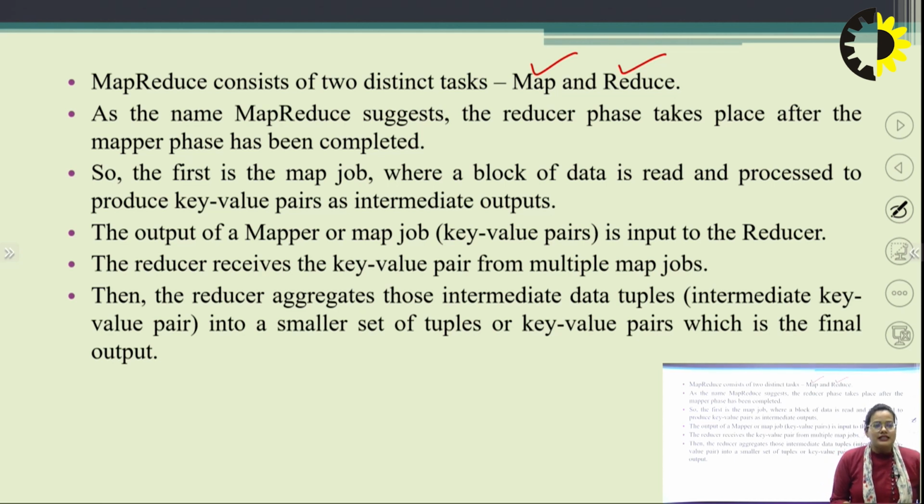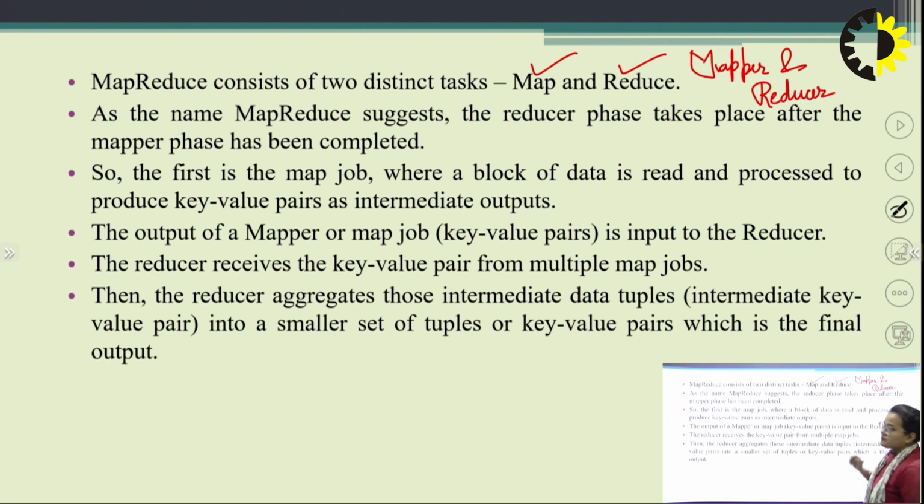Or we can say that there is one class called the mapper class and another called the reducer class. Basically, they work on the divide and conquer approach. As we know, in the divide and conquer approach, we divide a large problem into smaller problems and then combine the output of these smaller problems to give the final result.